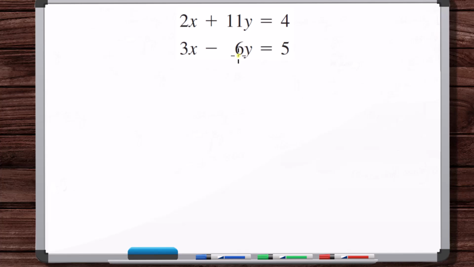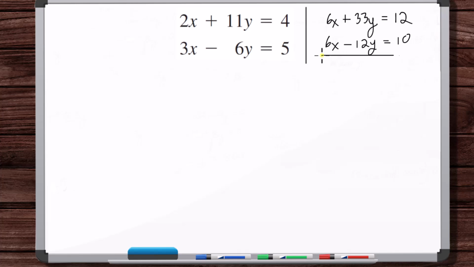Okay, we can use the addition method here. So let's multiply the first equation by 3. 6x plus 33y is equal to 12. Okay, multiply the second equation by 2. 6x minus 12y is equal to 10.